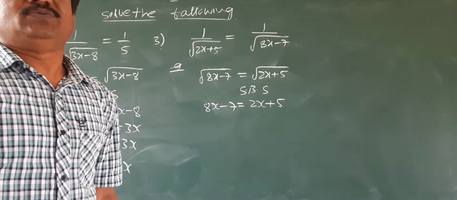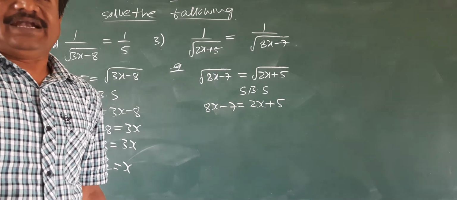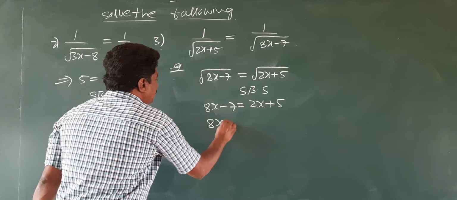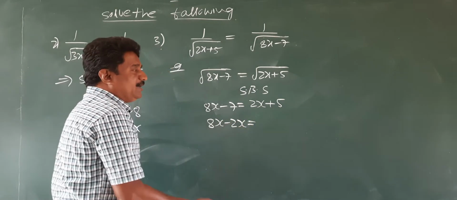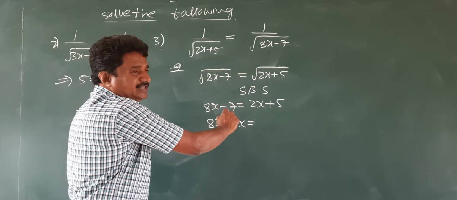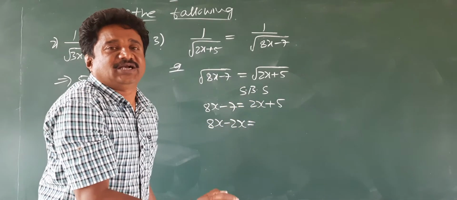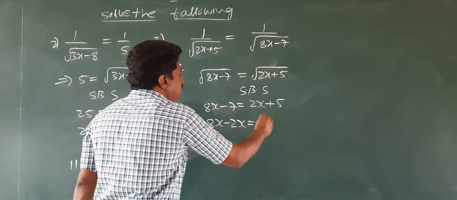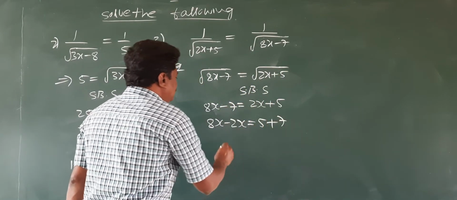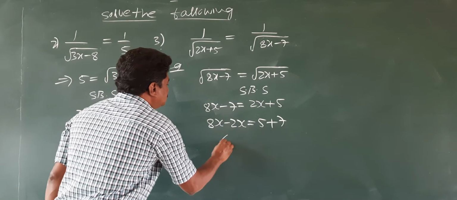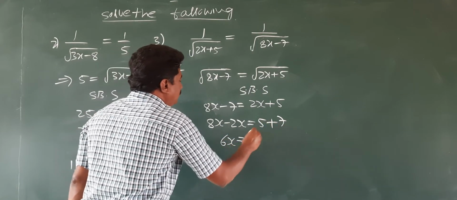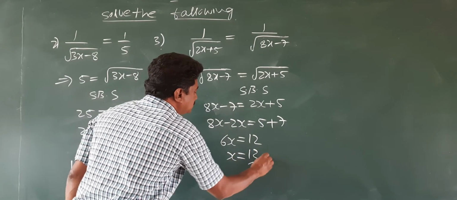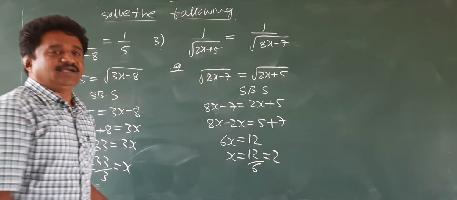Bring all x terms to one side and the terms which do not contain x to the other side. 8x minus 2x is equal to 5 plus 7. 6x is equal to 12. So x is 12 by 6, which is 2. We got the x value.